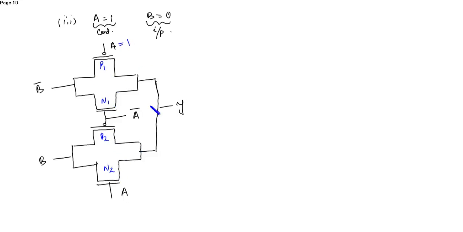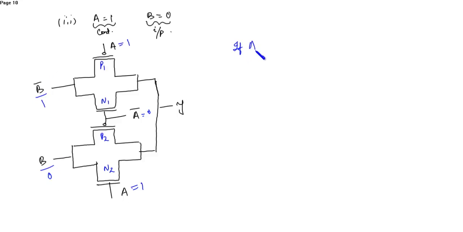When A is 1, then A bar is 0, A is 1, here B bar is 1, B is 0.